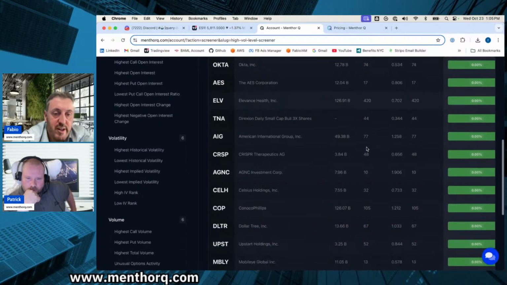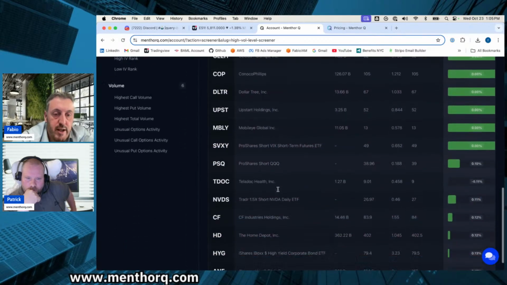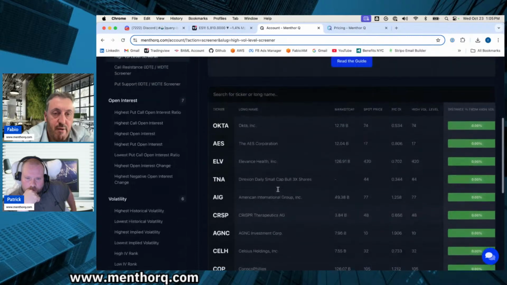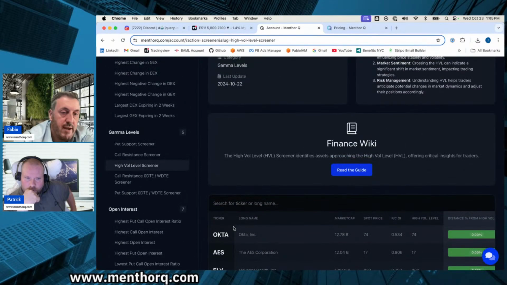So here we can see, for example, Upstart, Dollar Tree, all these companies that are really approaching the high vol level. So that can give you some ideas on stocks that could potentially move, that could potentially approach that level. And then you can go into our membership to find more information about those companies. You can come and look at the levels and basically see how they react throughout the day.